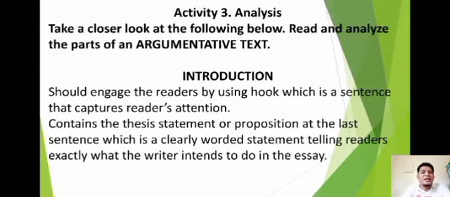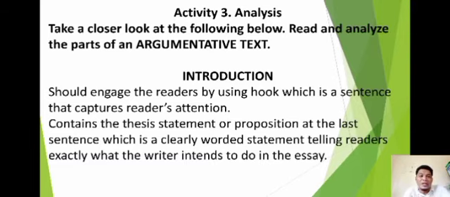Here are the parts of an argumentative text. Okay, so para maintindihan ninyo kung ano nga ba ang argumentative text, let us analyze the parts. Okay, number 1, we have the introduction. In this introduction, you're going to use a sentence that captures reader's attention.